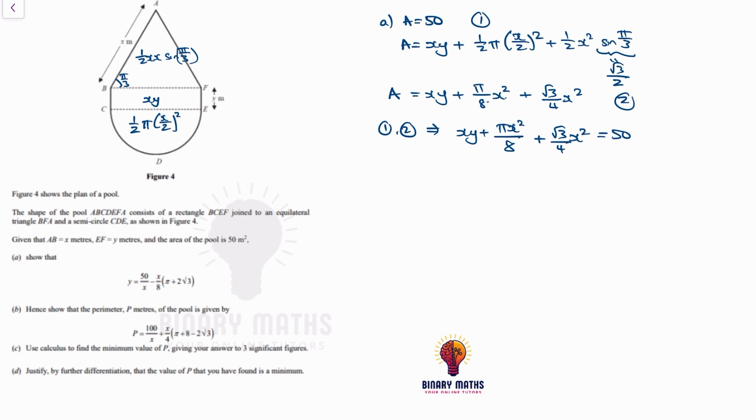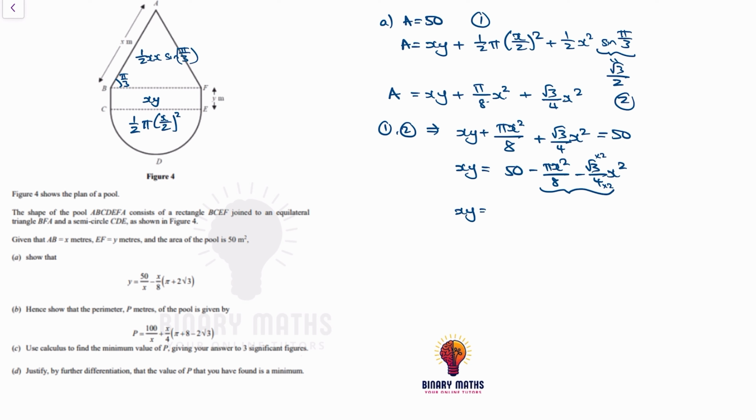Okay, I need to make y the subject of the formula, so xy will be equal to 50 minus pi x squared over 8 minus root 3 over 4 x squared. If I want to put the last two terms together, then I need to times the top by 2 and the bottom by 2.